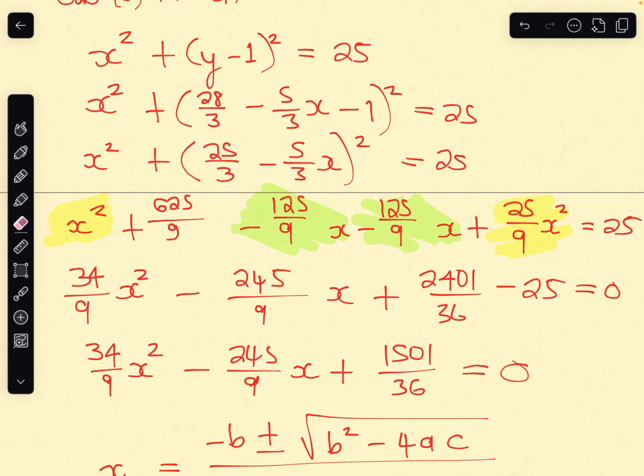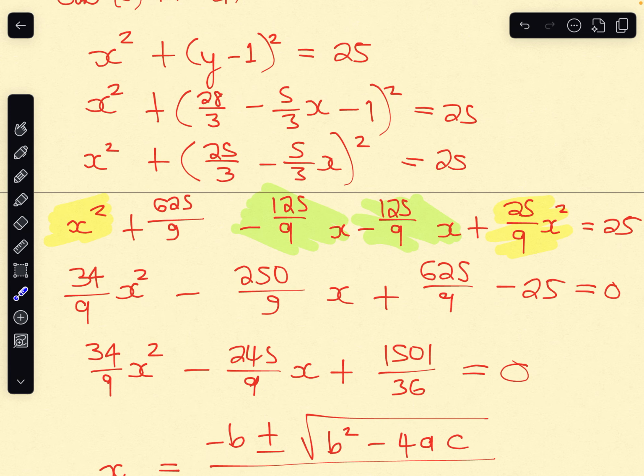So now we have minus 125 over 9 minus another 125 over 9, which is minus 250 over 9x. And then here we have x squared plus 25 over 9. Okay, so that's still true, 34 over 9 x squared. And then the last one was this guy, who is not 2401 blah blah. It's actually 625 over 9.